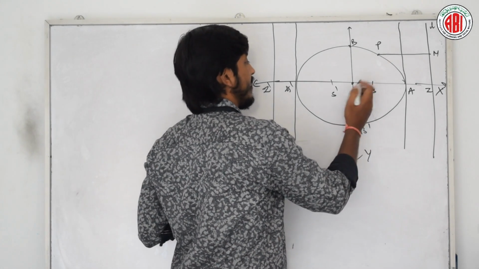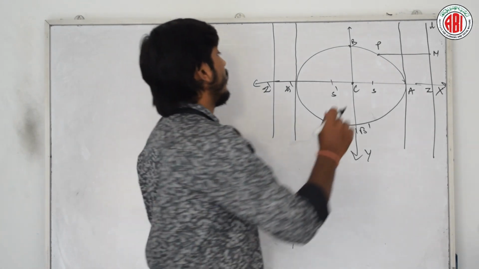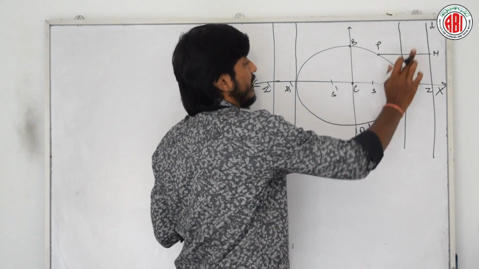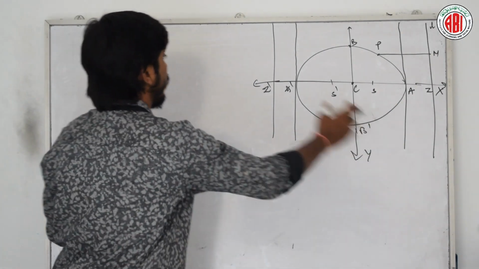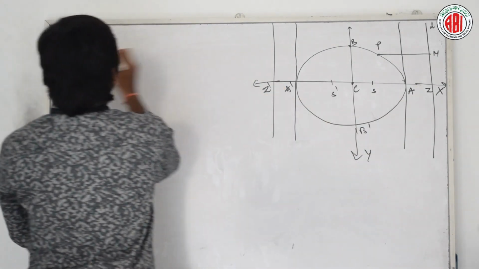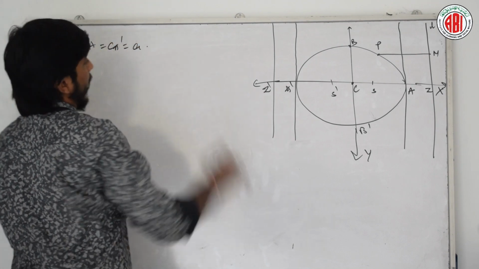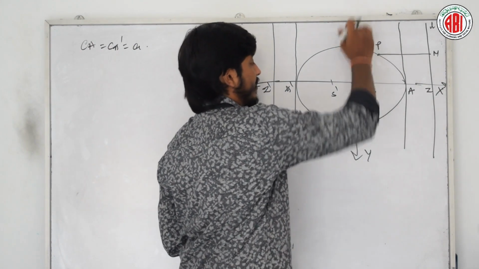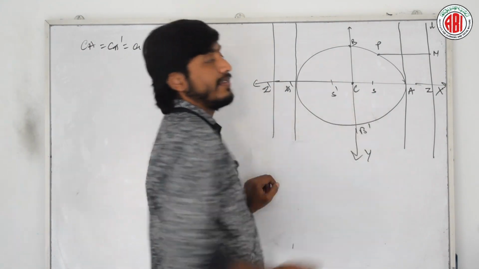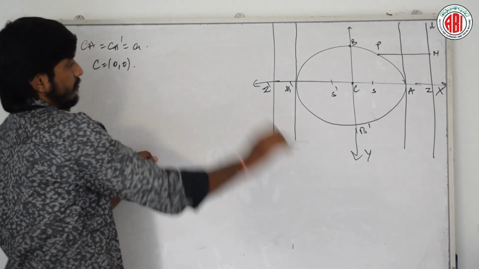Most of the textbooks represent the center as C. So the perpendicular from P is M, and the perpendicular from C is Z. Now let us assume CA equals CA dash equals a. Clear? Consider the major axis as the x-axis and the minor axis as the y-axis, then obviously the center will be (0, 0). These are all our assumptions, don't worry.